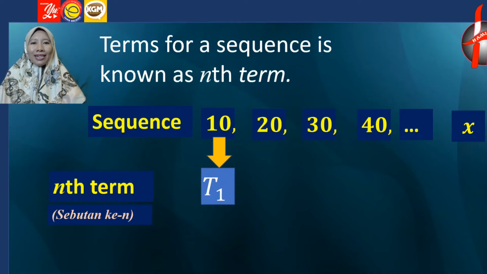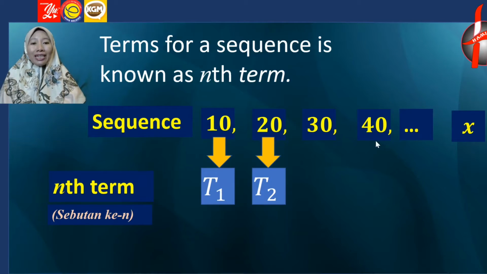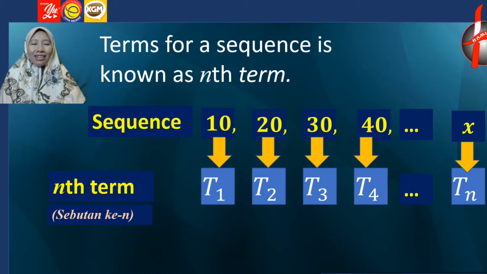And 20, it is the second term, and we write the second term as T subscript 2. 2 here means it is the second term in the sequence. And 30 is T3, 40 is T4, and so on until we call it Tn. So n can be any term that you like to find.